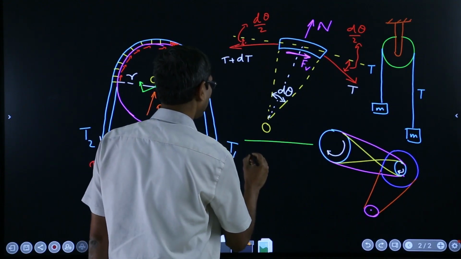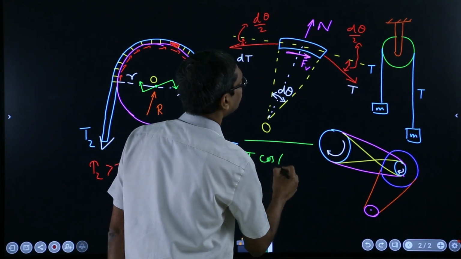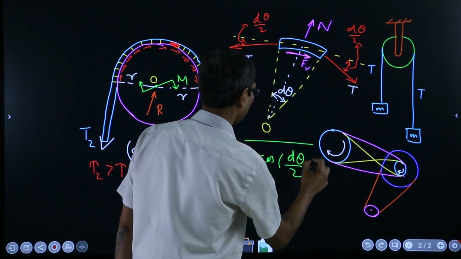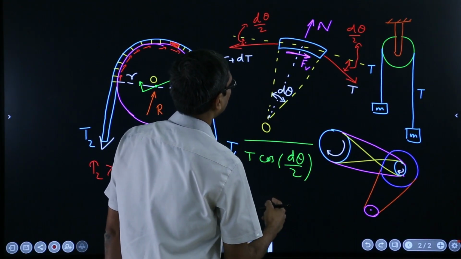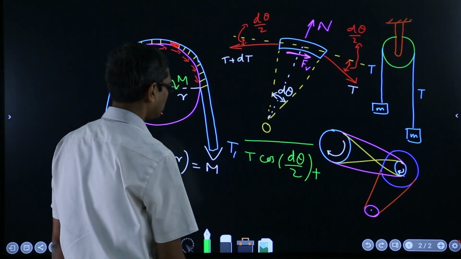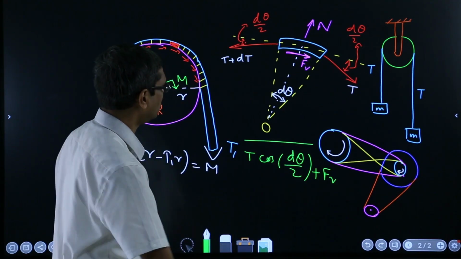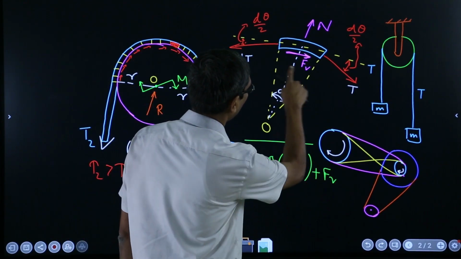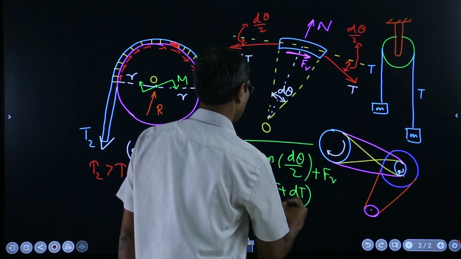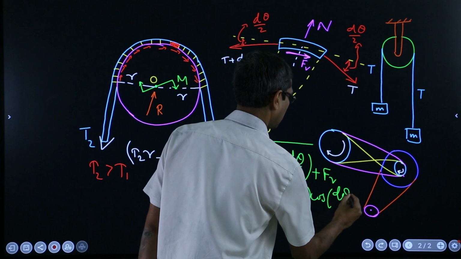This side, it will be T cosine of d theta over 2, and then the friction is in this direction, so plus friction force should be equal to T plus dT times cosine of d theta over 2.